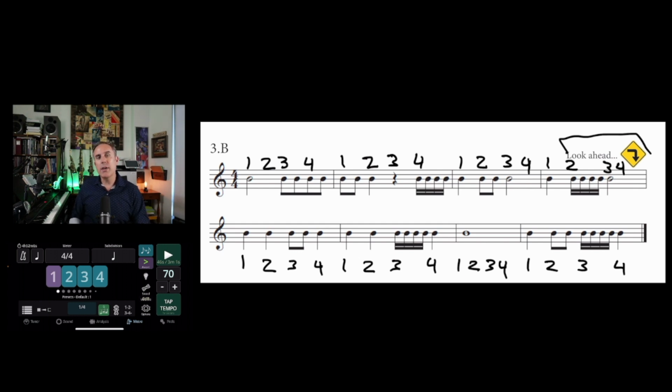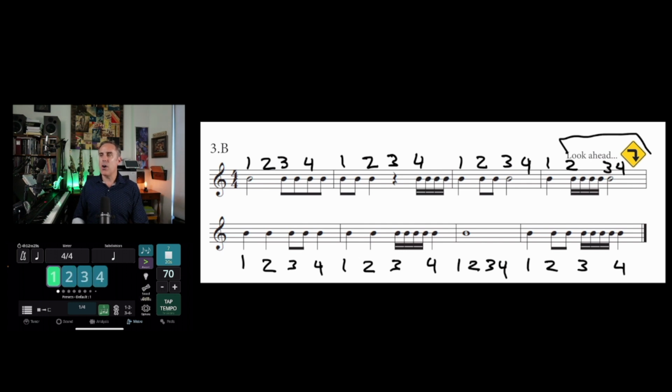All right, so here is your metronome. We're still at 70. Here is your pitch. I'm going to count this off and we're going to perform this together. 1, 2, 3, 4. Ta, tee, tee, tee, tee, tee, tee, ta.